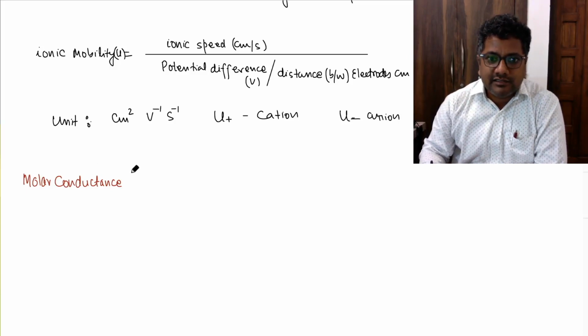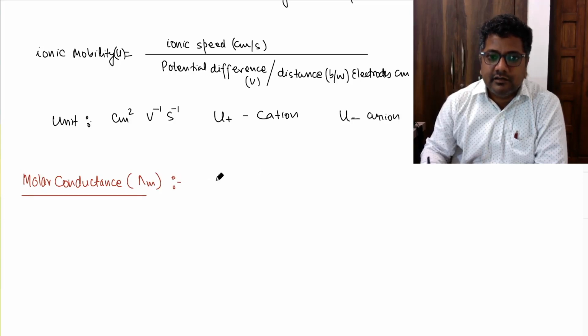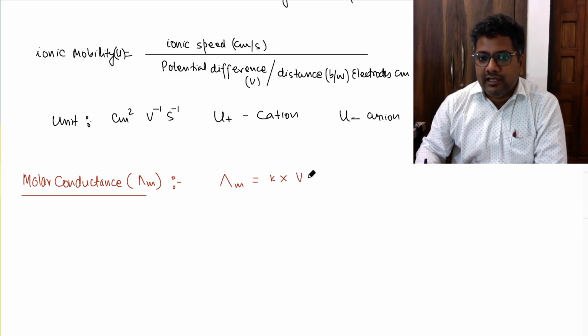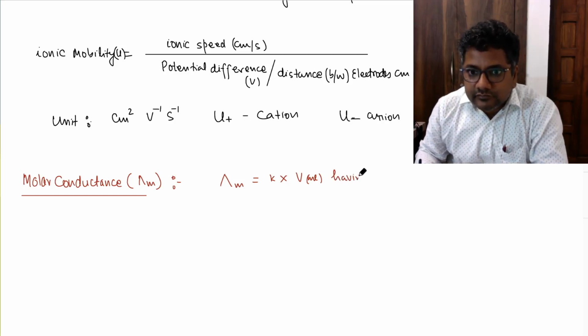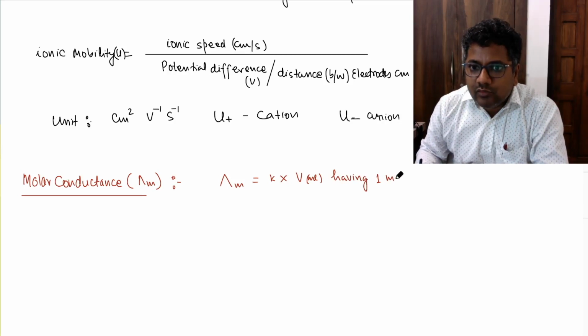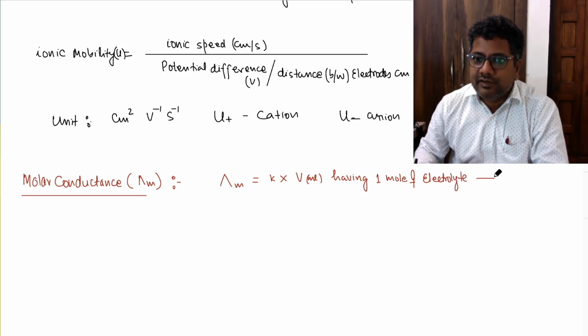Molar conductance is represented by lambda m. Mathematically, lambda molar is equal to kappa into the volume in ml having 1 mole of electrolyte. This is the basic equation.